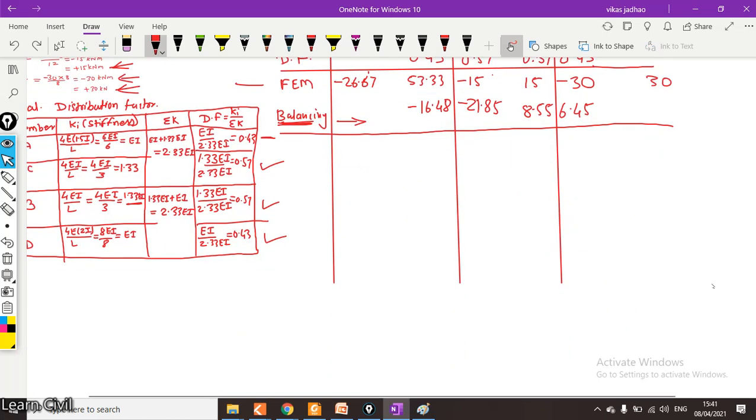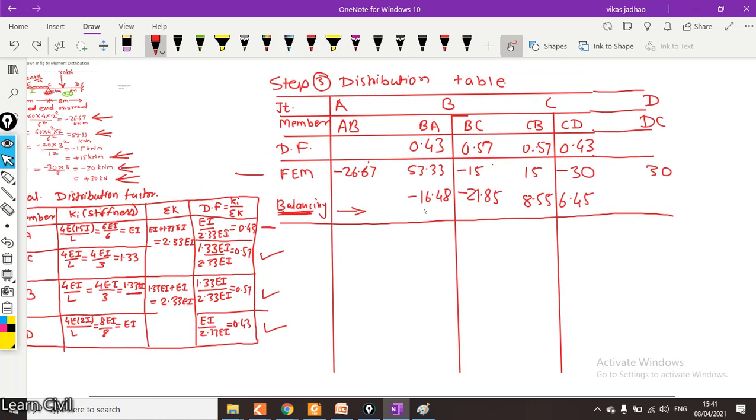In this balancing process, you can see that we have applied some moment at BA, therefore some of this moment of BA must be transferred to AB. That will be 50% of the moment which is applied here. So this particular process is called carryover.